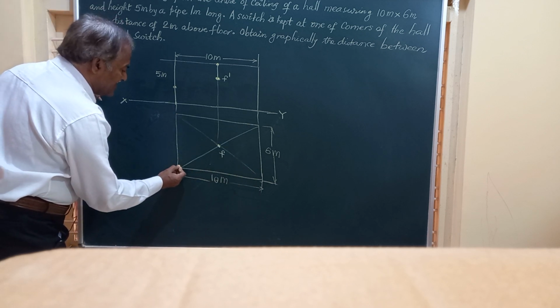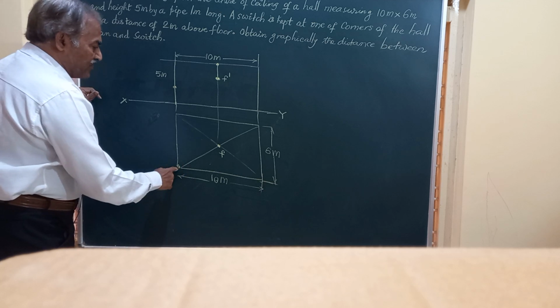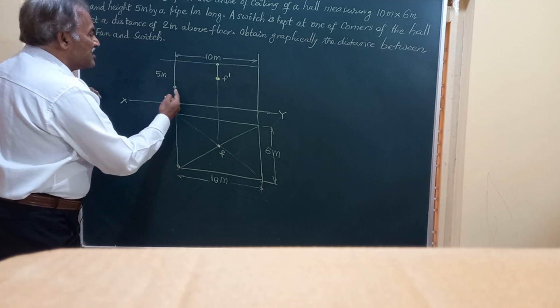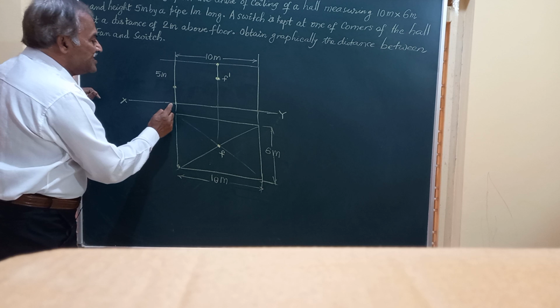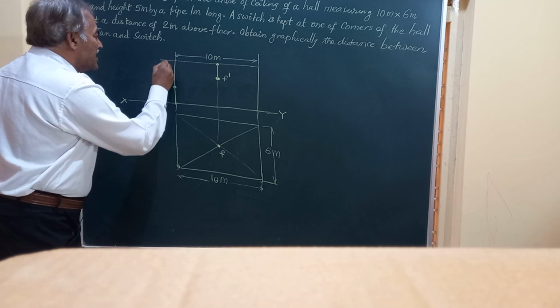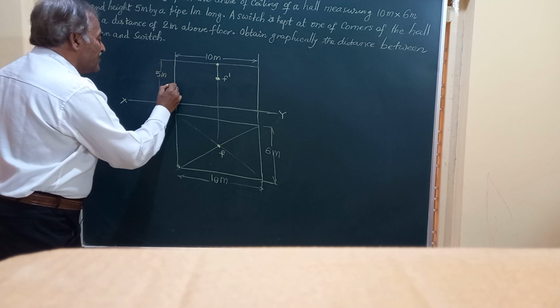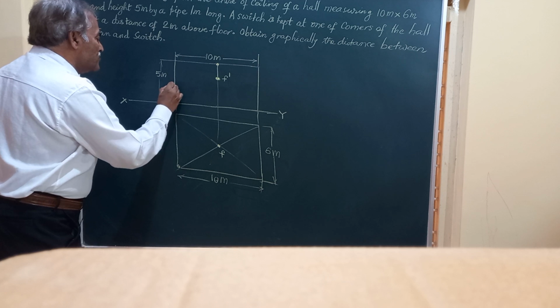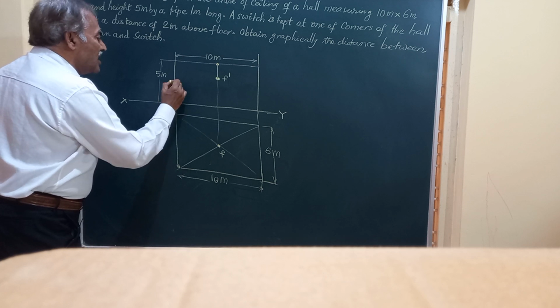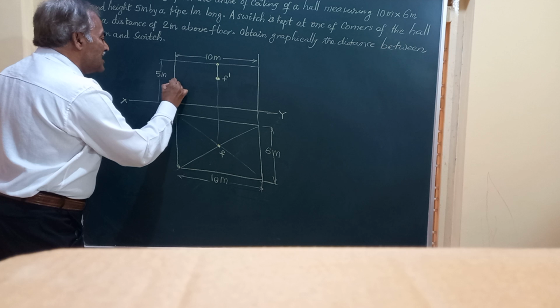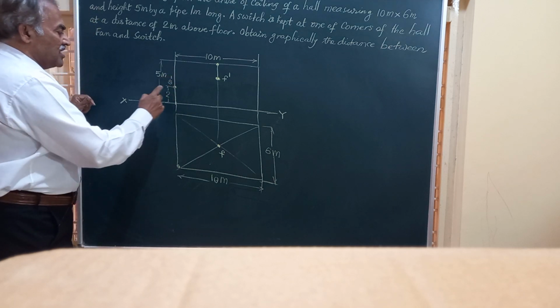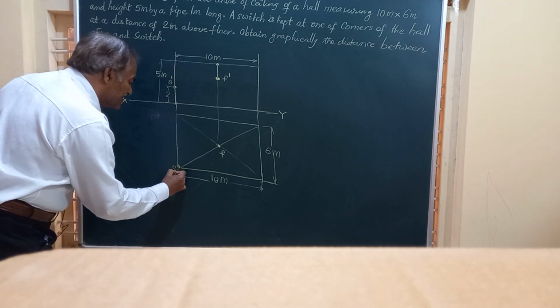So we'll consider this as the corner in the top view, and this is the corner in the front view, because you can see that switch 2 meter above the floor. So this is 5 meter and this is 2 meters above the floor. I will represent this switch as S dash and the corresponding top view is S.